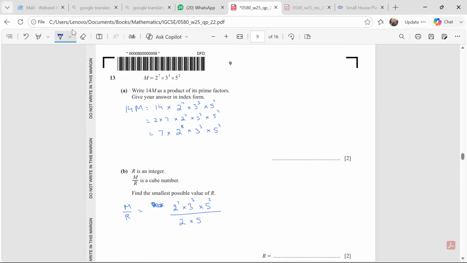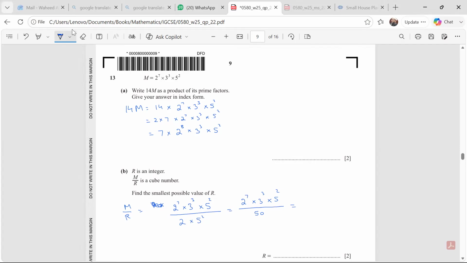So if I divide this number, 2 to the power 7 into 3 to the power 3 into 5 to the power 2, by 5 squared, which is 25, 25 times 2 is 50, by 50, then what will I get?